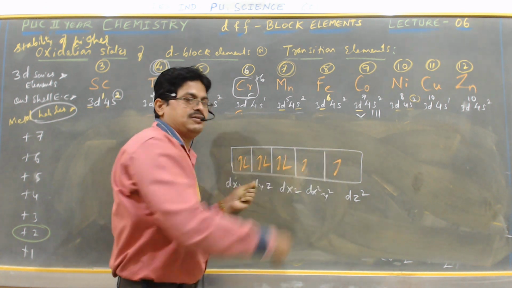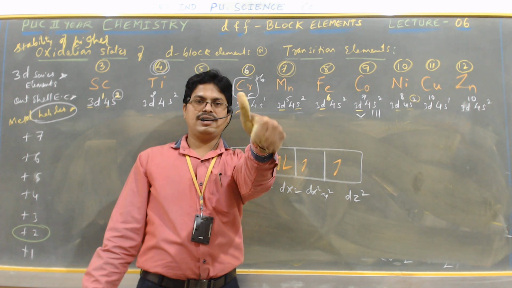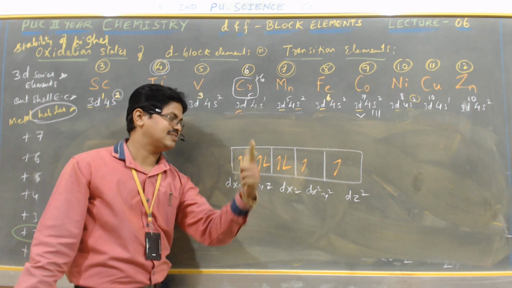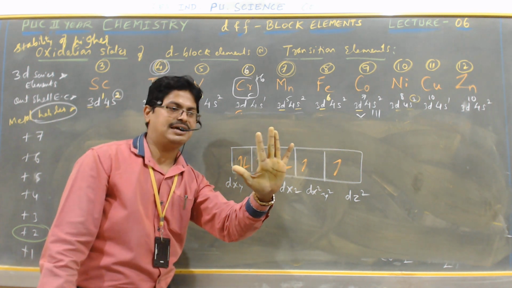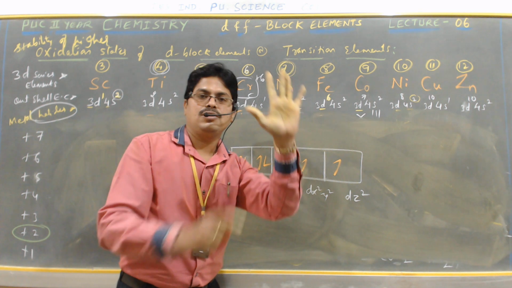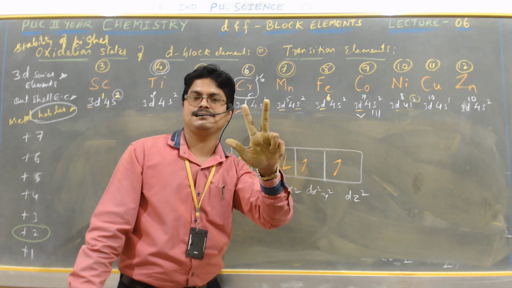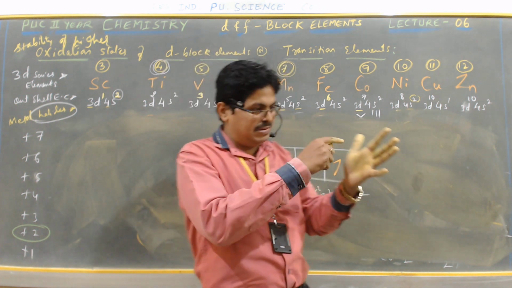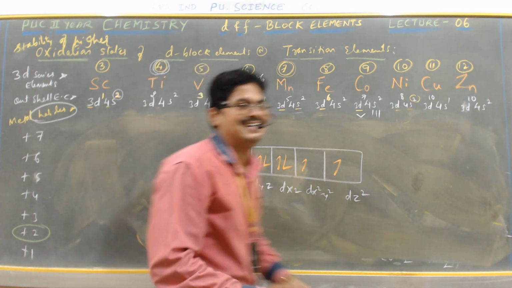Better keep it on your fingers: dxy, dyz, dxz, dx2-y2, dz2. Then filling 1 to 8, still 2 left, 2 unpaired electrons. Better keep it on your fingers, I am saying. Okay, fine. That's it. Thank you.